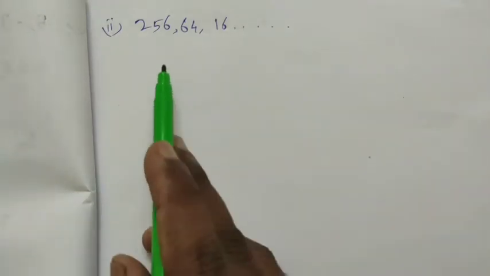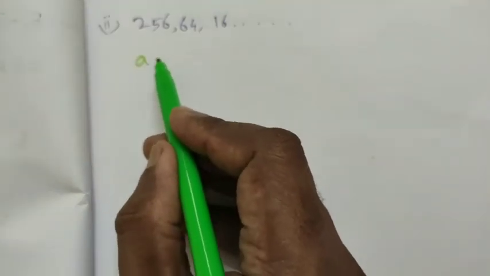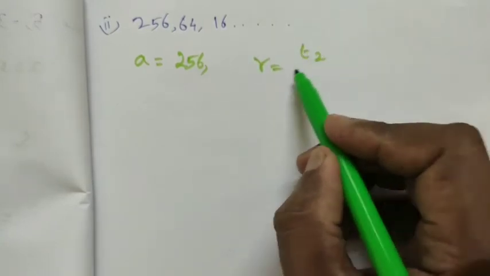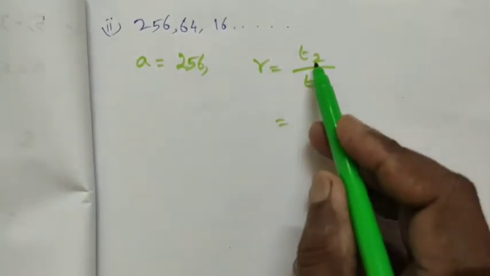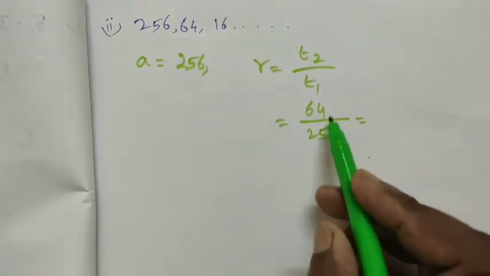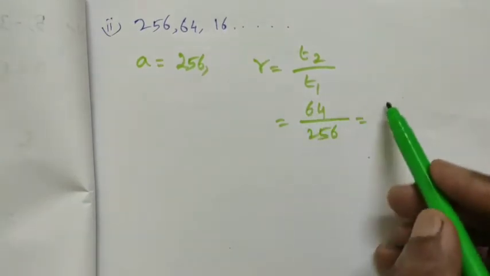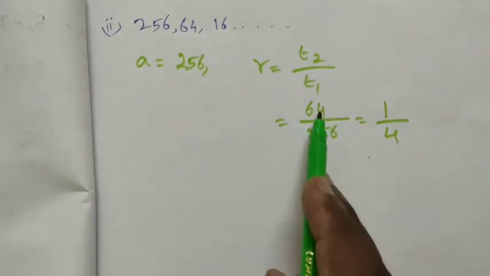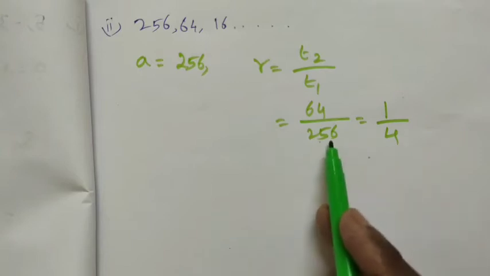Let's see the second Roman number, that is 256. The first term is 256. Common ratio R is equal to T2 divided by T1. T2 is 64, so R is 64 divided by 256. If you reduce this, we get 1 divided by 4, since 64 into 4 is 256.